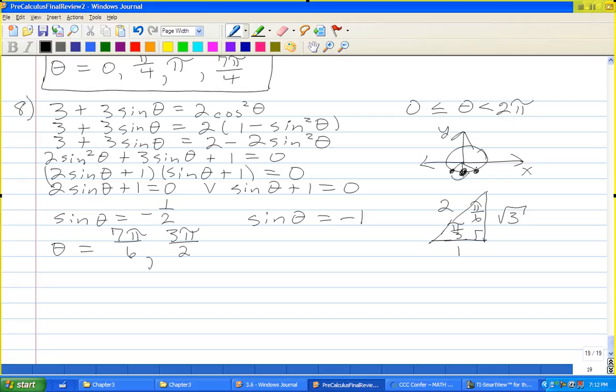Pi over 6 is your reference angle, so 2 pi minus pi over 6 is 11 pi over 6. So those are the three solutions to that particular equation.